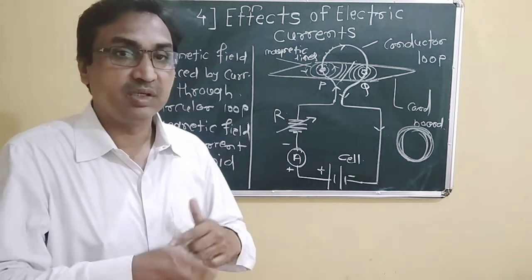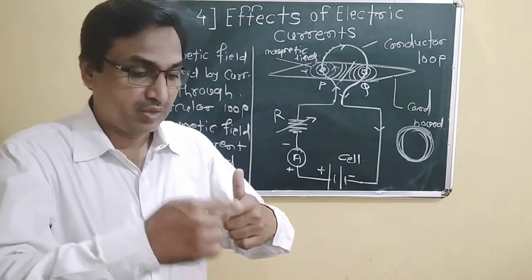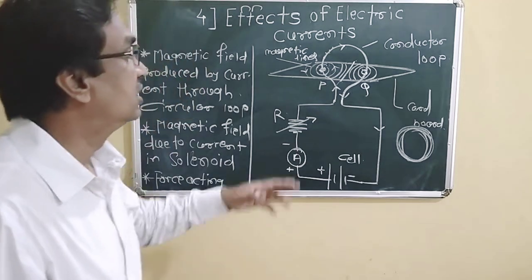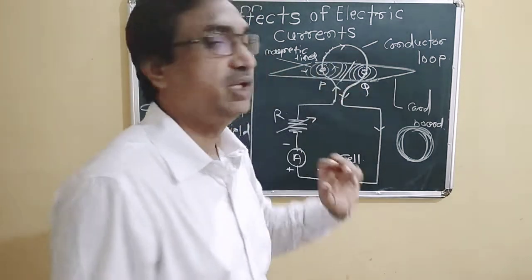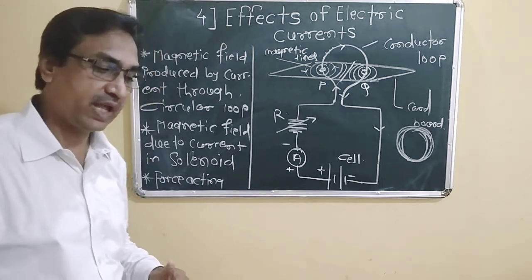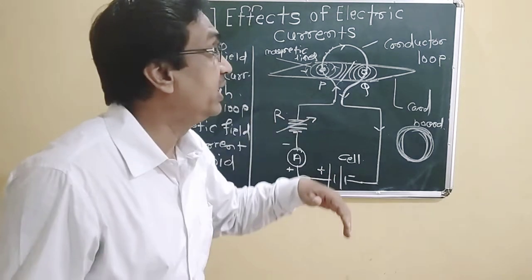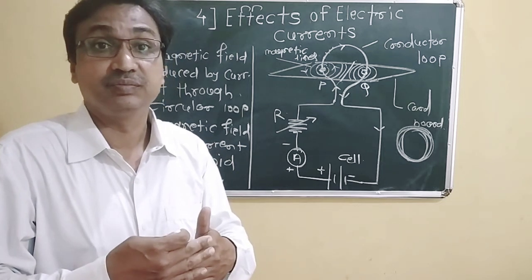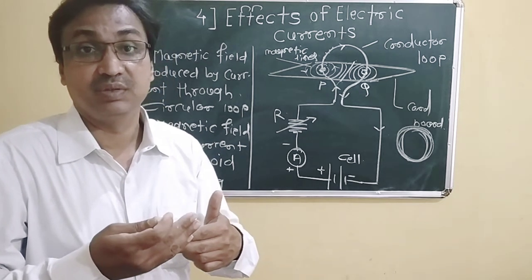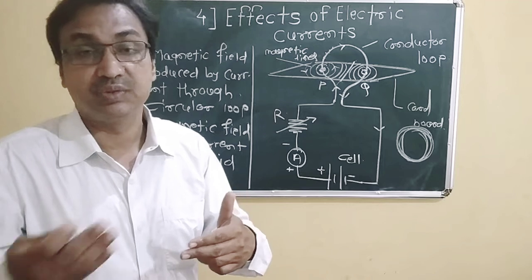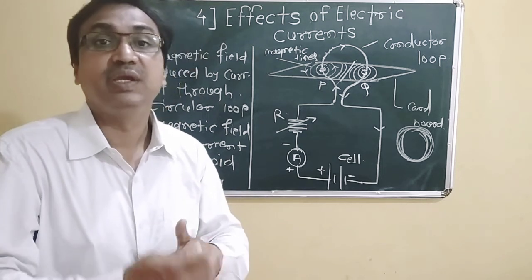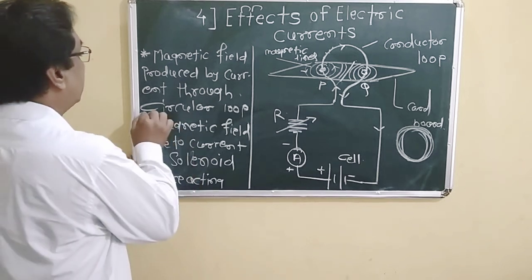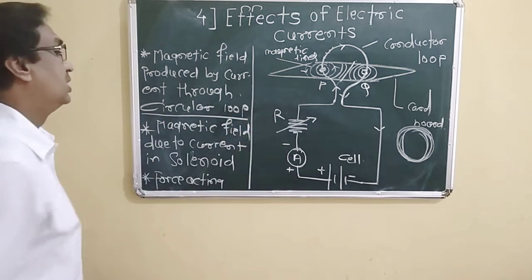But as the number of loops increases, the intensity of the magnetic field increases n times. That means for n loops, the magnetic field also increases by n times. So this topic we have already discussed.